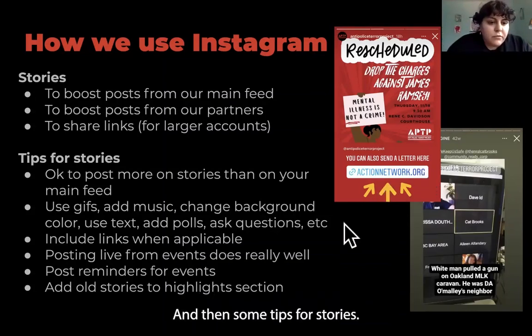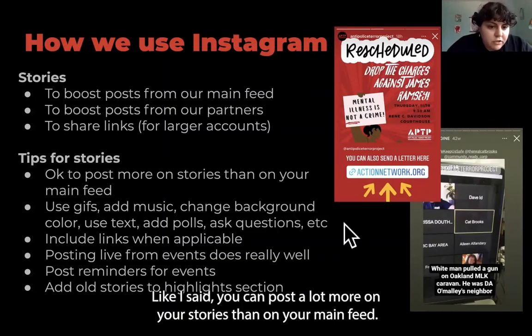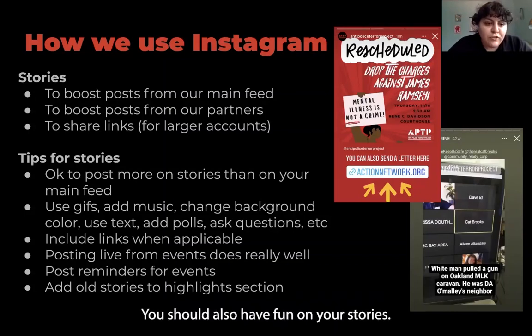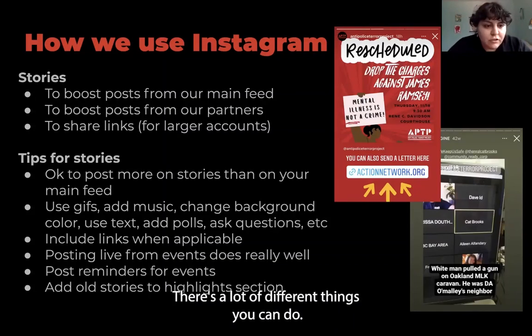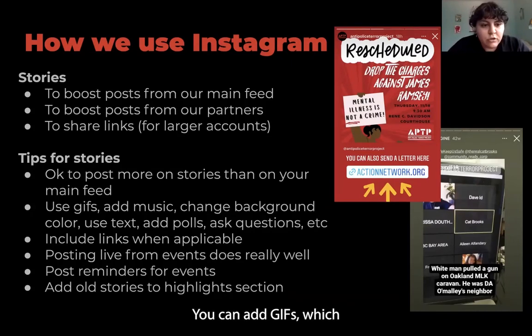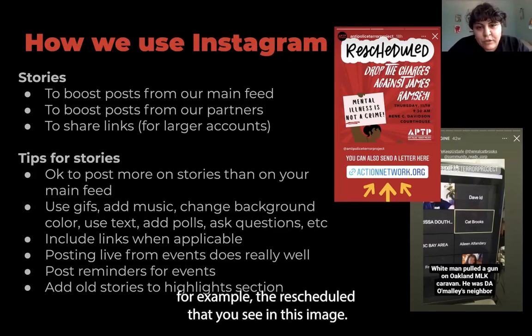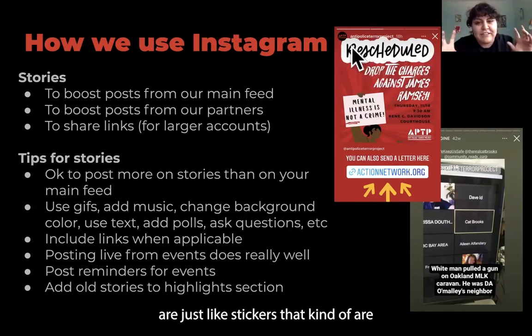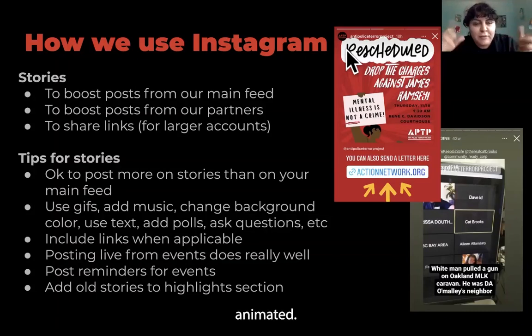And then some tips for stories. Like I said, you can post a lot more on your stories than on your main feed. You should also have fun on your stories. There's a lot of different things you can do. You can add GIFs, which in this case, for example, the rescheduled that you see in this image, some of those little things are just like stickers that are animated.